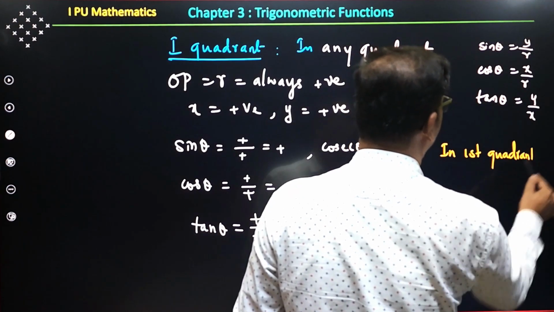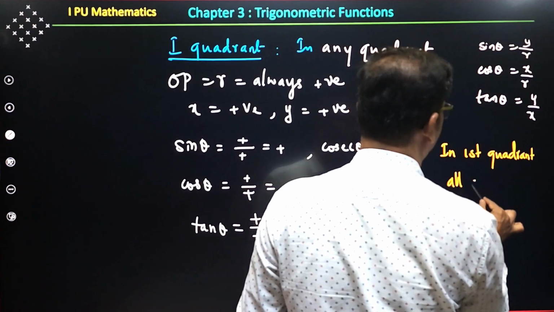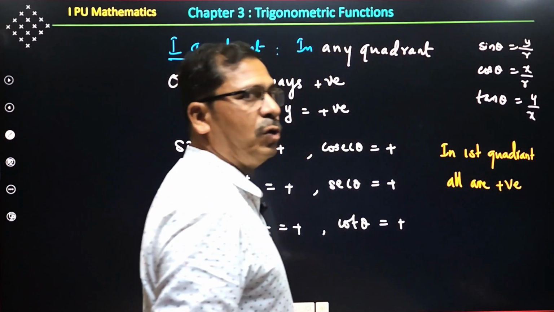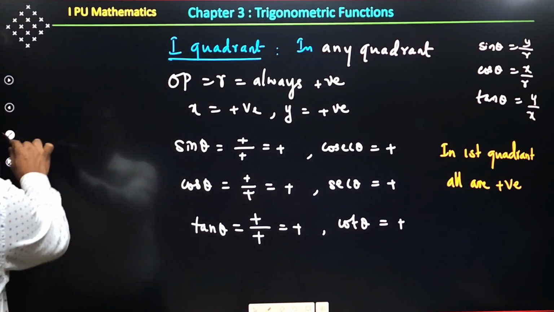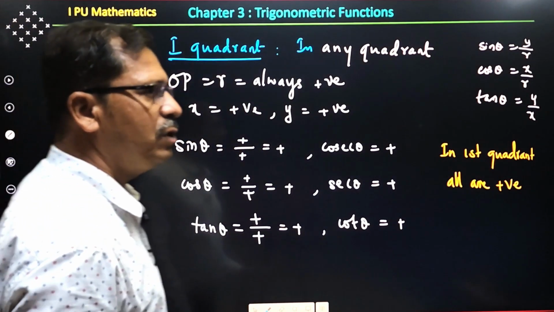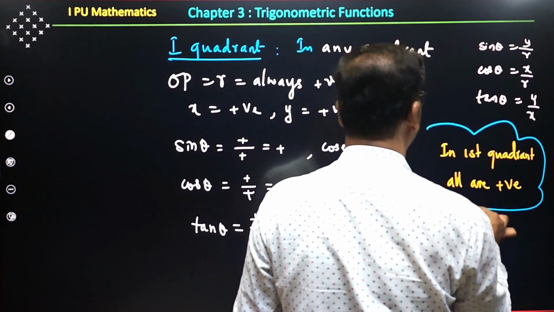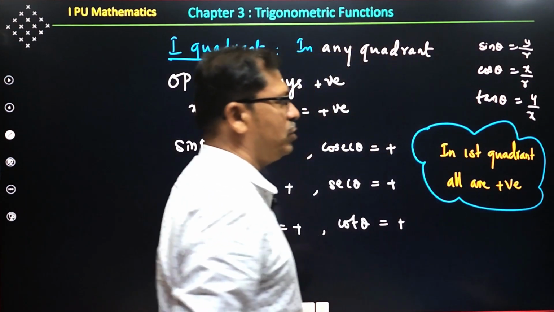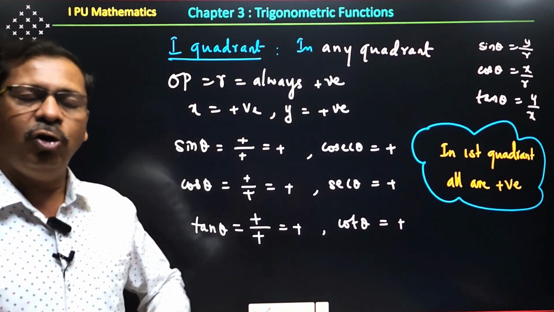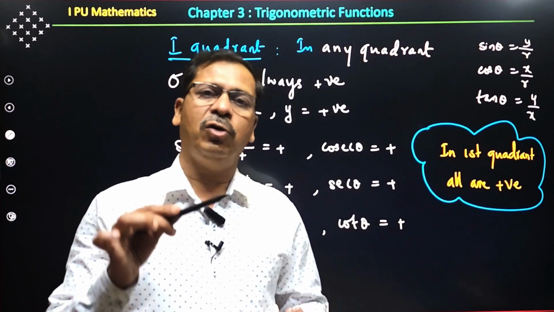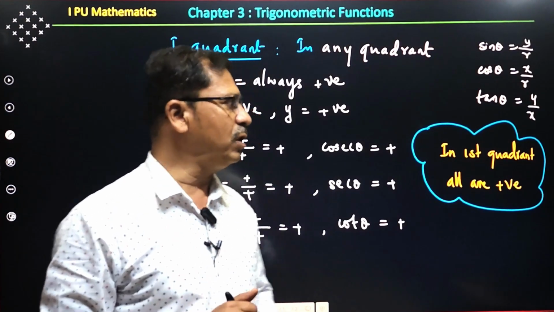Please remember, all are positive. What does it mean? It means all the trigonometric ratios are positive. This is to be remembered: sine, cos, tan, cosec, sec, cot, all are positive in the first quadrant.